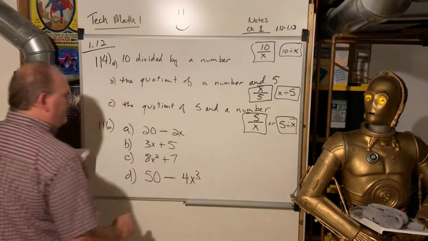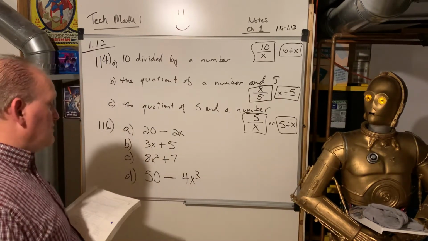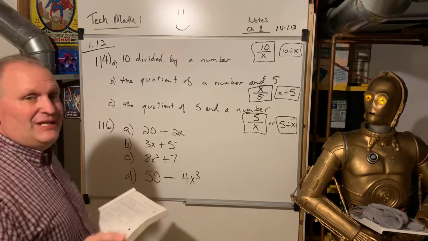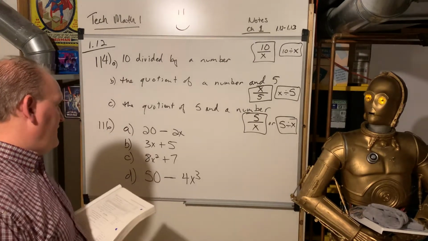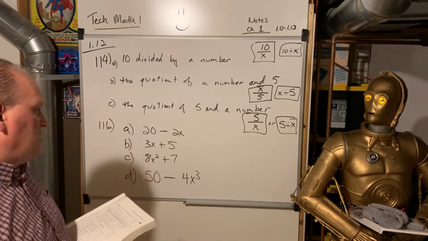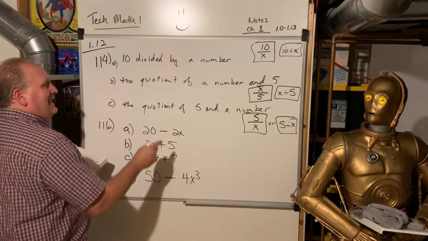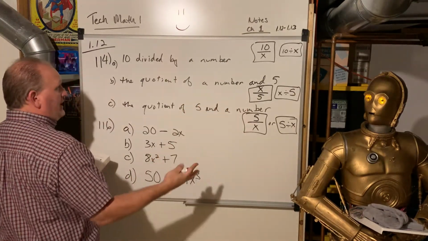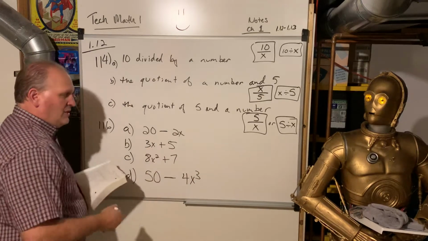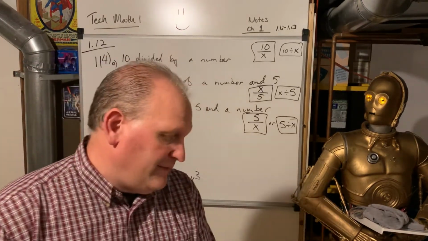So right now, if you worked ahead and did the problem 116, if you wrote down 4x cubed minus 50, scratch that out. That would be wrong. You have to have the 50 first and the minus 4x to the third. So when it comes to subtraction and actually division, order totally matters. When it comes to addition or multiplication, order does not matter which one you write first or second.